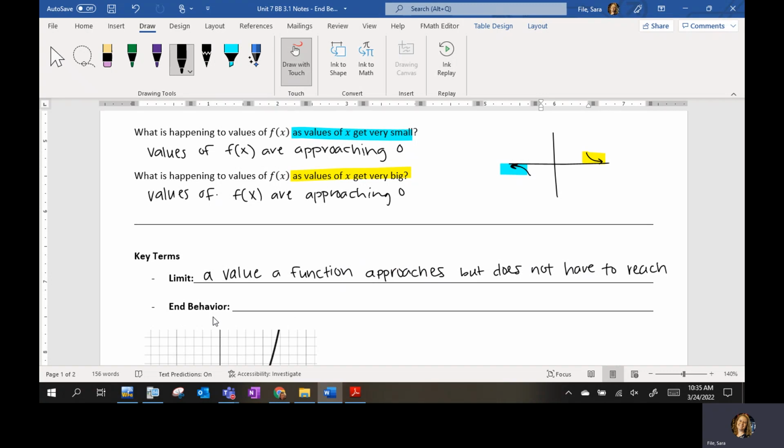Okay, now the end behavior describes, obviously, the behavior of the graph.